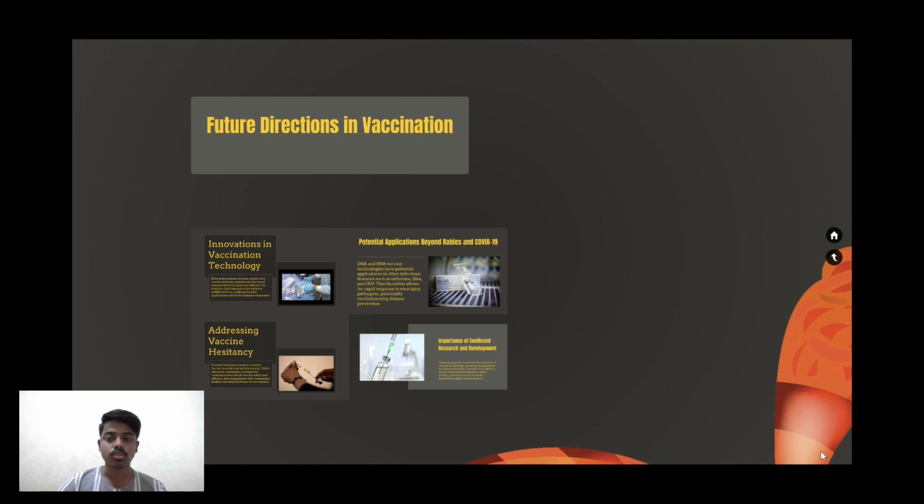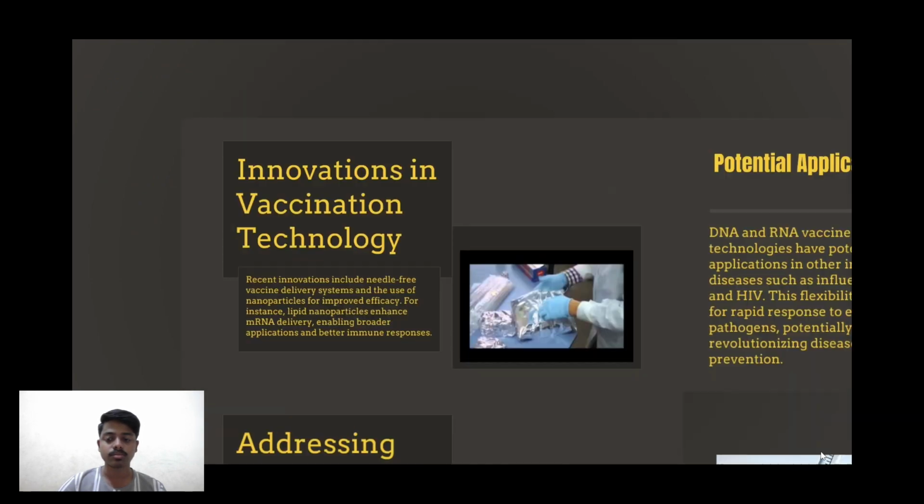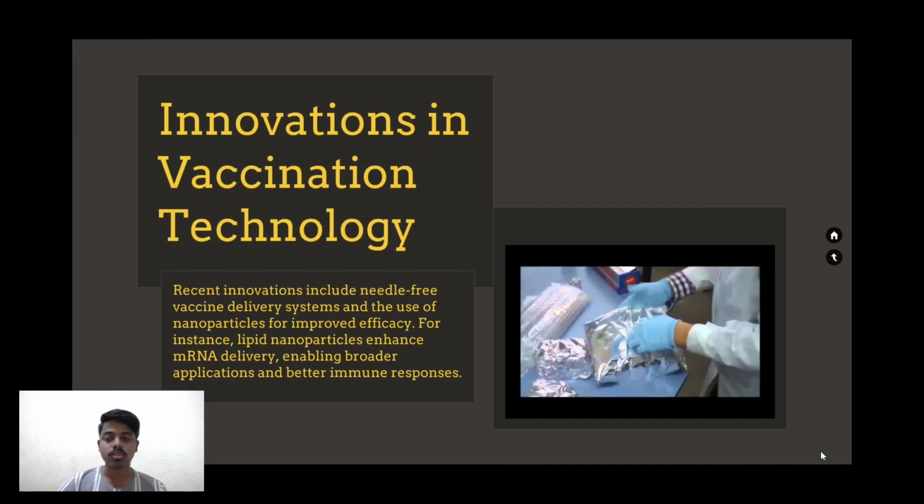Now let's see the future directions in vaccination. Innovations in vaccination technologies. Recently, innovation has gone so far that there are needle-free vaccine delivery systems and the use of nanoparticles for improved efficacy. For instance, lipid nanoparticles enhance mRNA delivery, enabling broader applications and better immune responses.